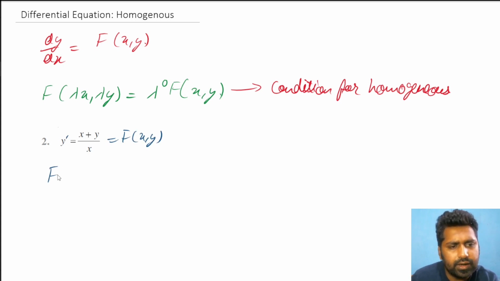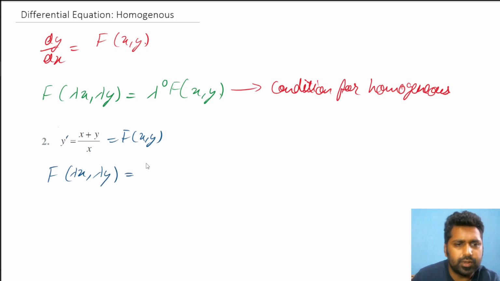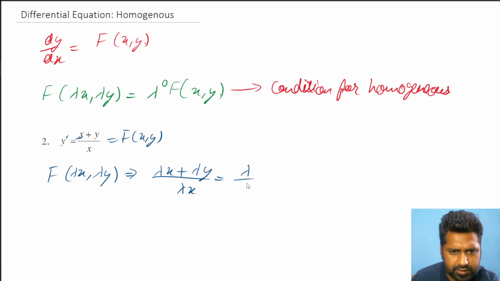Now I'm going to find first of all whether it is homogeneous or not. So f of lambda x, lambda y: replace x by lambda x, replace y with lambda y. If I put lambda x instead of x and lambda y instead of y upon lambda x, and take lambda common from the numerator, and lambda is already there in the denominator, this is x plus y upon x.